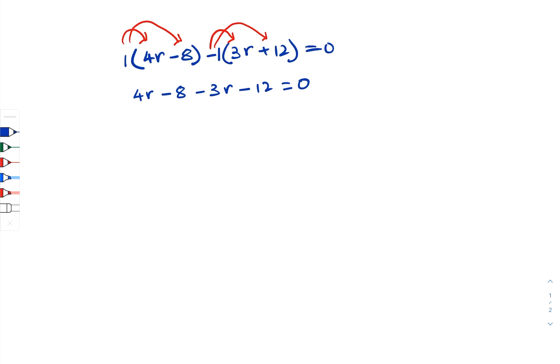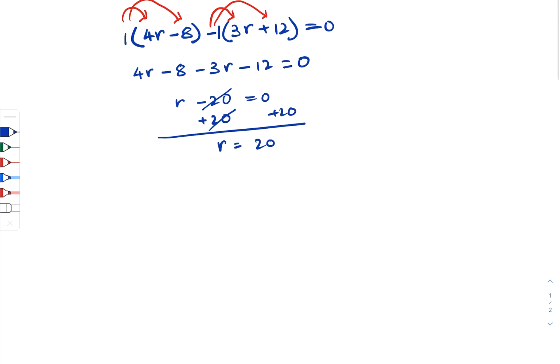So 4r minus 3r gives you simply r, and then combine the negative 8 and negative 12, which gives you negative 20. Then you want to move the 20 over to the right-hand side by adding 20 to both sides. So you get r is equal to positive 20, and that's the final answer.